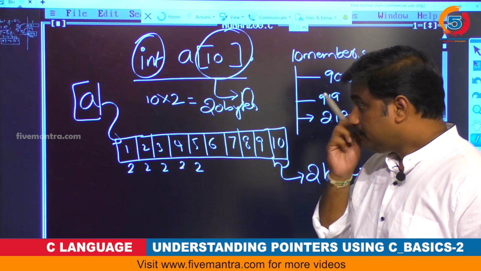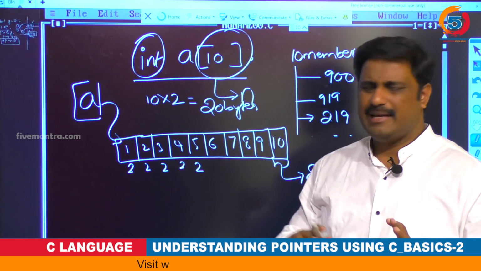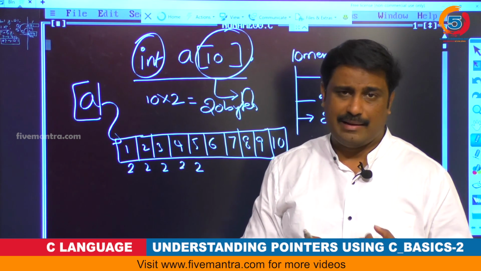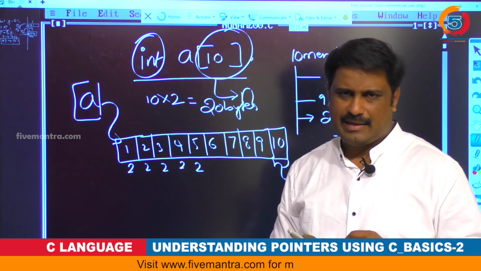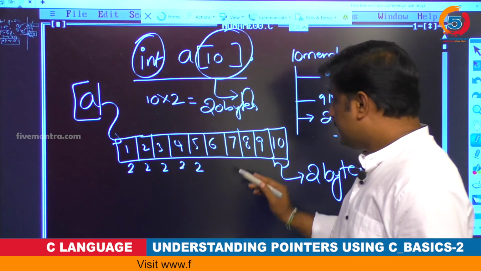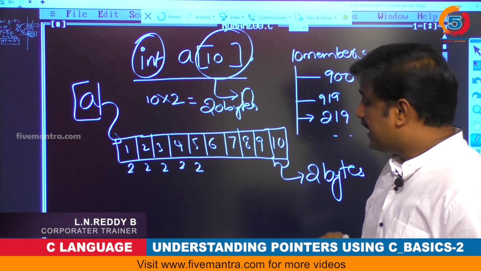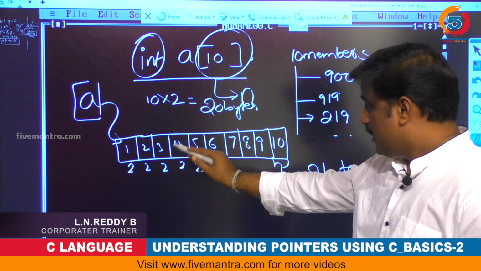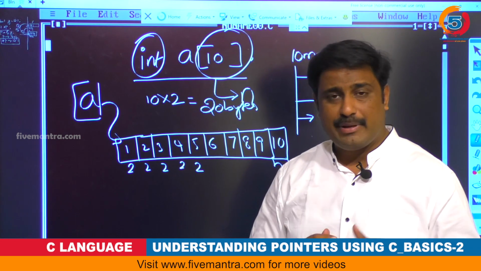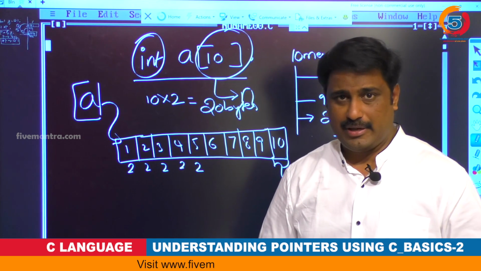It is used to hold more than one similar type data element in one memory block. This type of memory allocation we call static memory allocation. This memory cannot be increased or decreased. That is a big problem for static memory allocation.